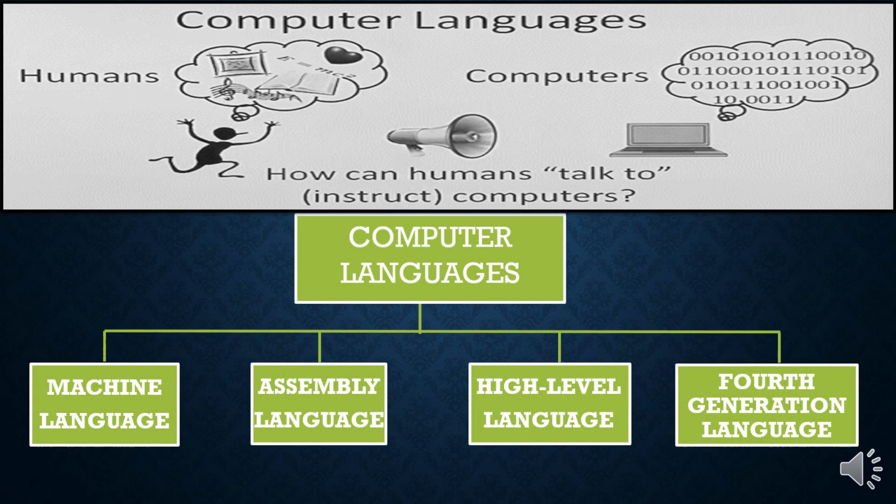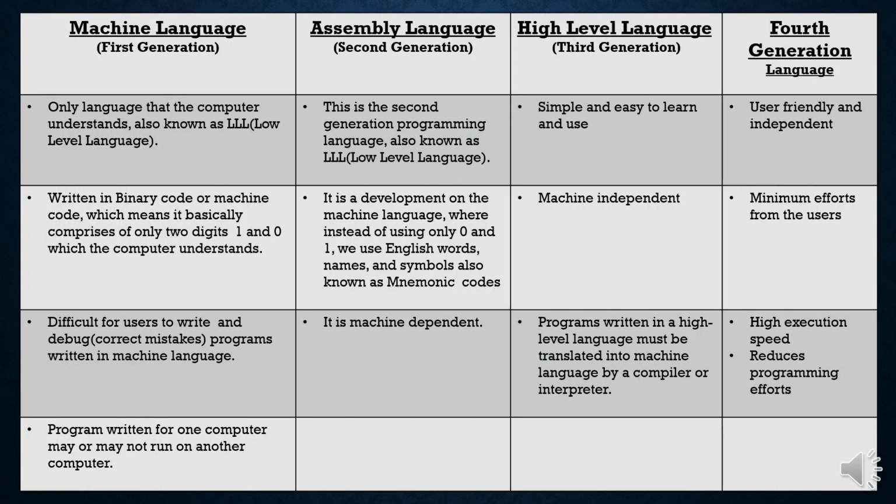The different types of computer languages are machine level language, assembly language, high level language, and fourth generation language. This table will help you to understand the different types of computer languages. Machine language or the first generation language is the only language that the computer understands, also known as low level language.